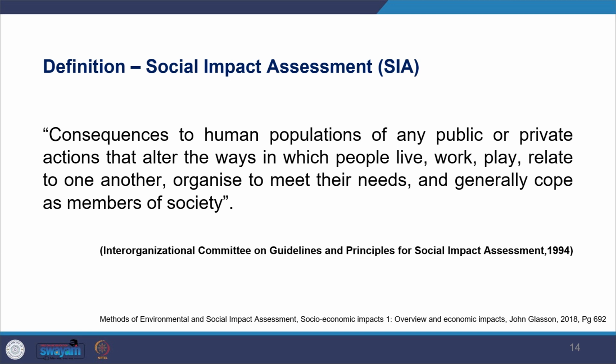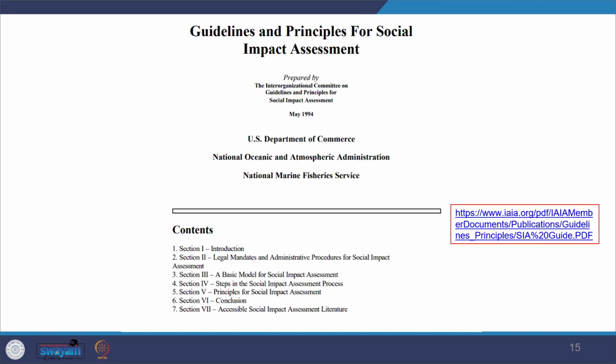So it also addresses the stress element, since it talks about coping as a member of society. You see how wide the domain is, and it's mostly dealing with the softer part of society. You can look at these guidelines and principles for social impact assessment, and I've also given you the link so that you can have a detailed look at it if you like.